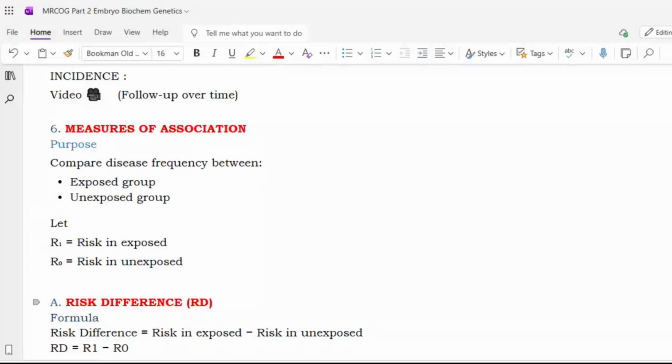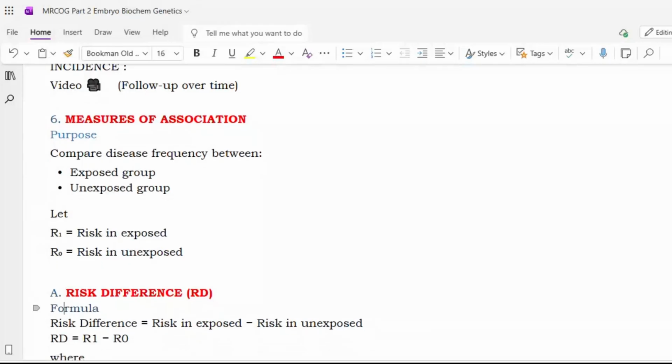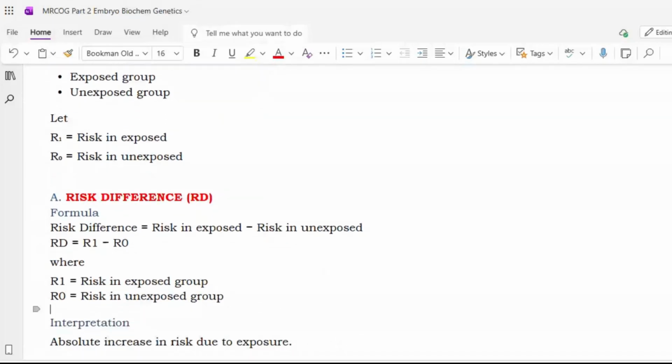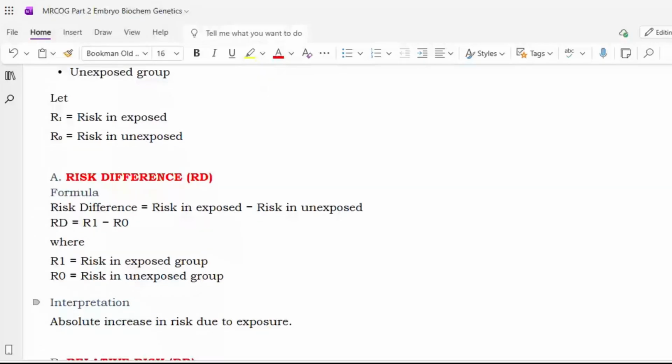Then we have two measurements. One measurement is the risk difference. Risk difference is equal to risk in the exposed minus risk in the unexposed.